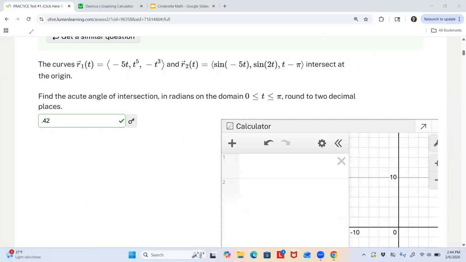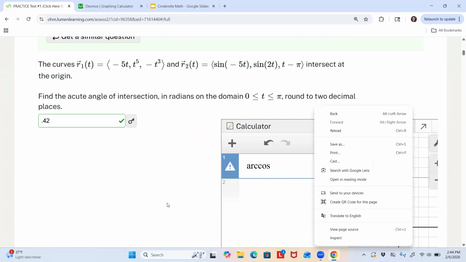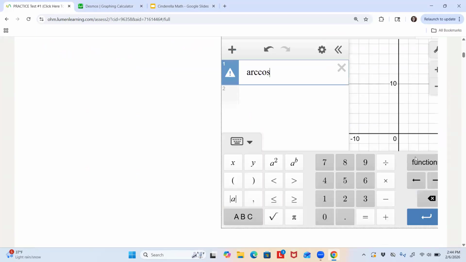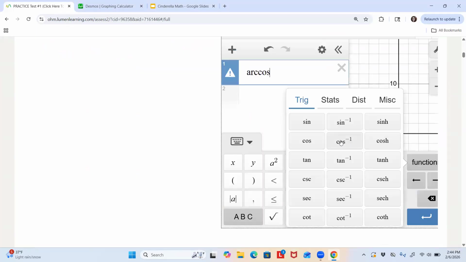There's an inbuilt calculator in this program. It's Desmos. It should already be set to radians. We're going to do inverse cosine, or you can just type arccosine, either way. You can do the keyboard if you want: functions, and then there's inverse cosine.